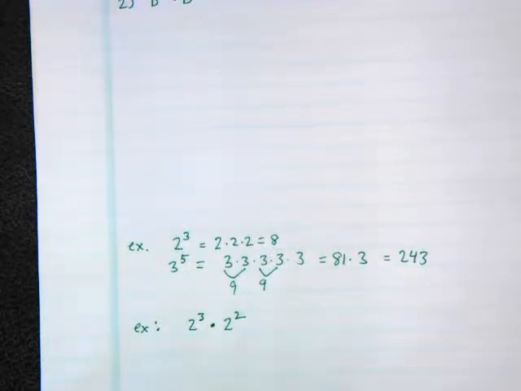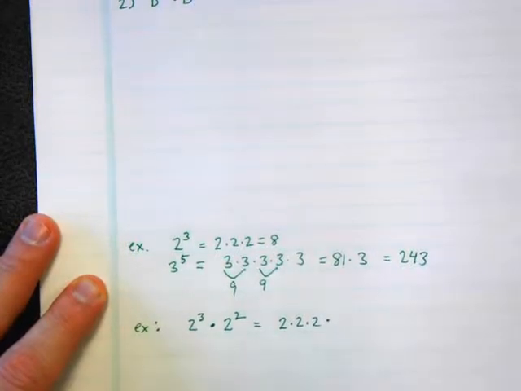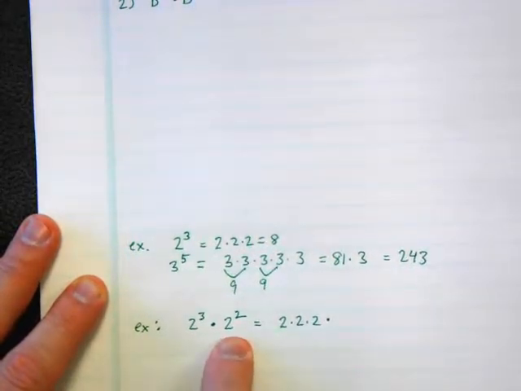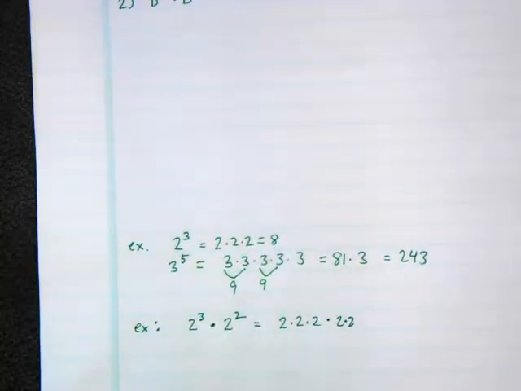Well, what does 2 cubed mean? It means 8. It also means 2 times 2 times 2. And then what does the 2 squared mean? 4 or 2 times 2. So what do you have? You have 2. How many times? 5.